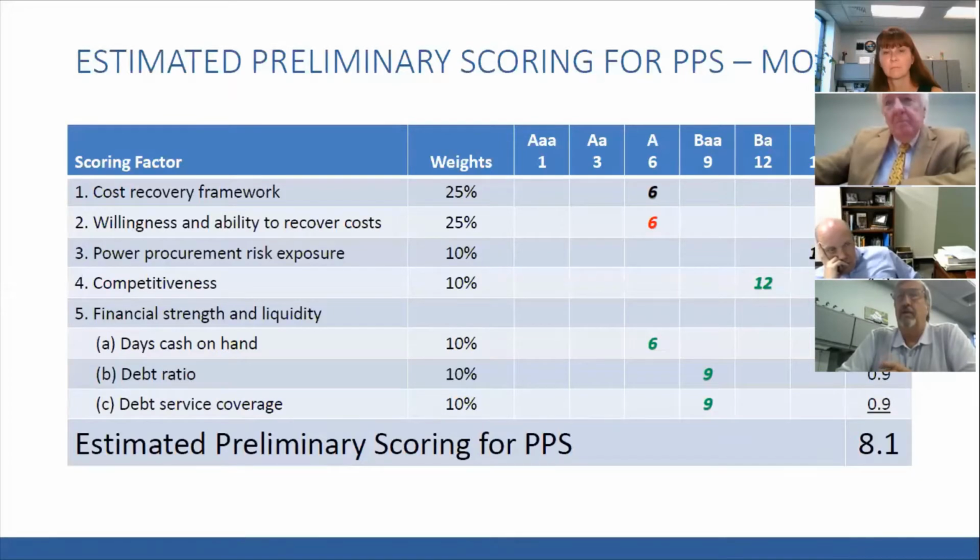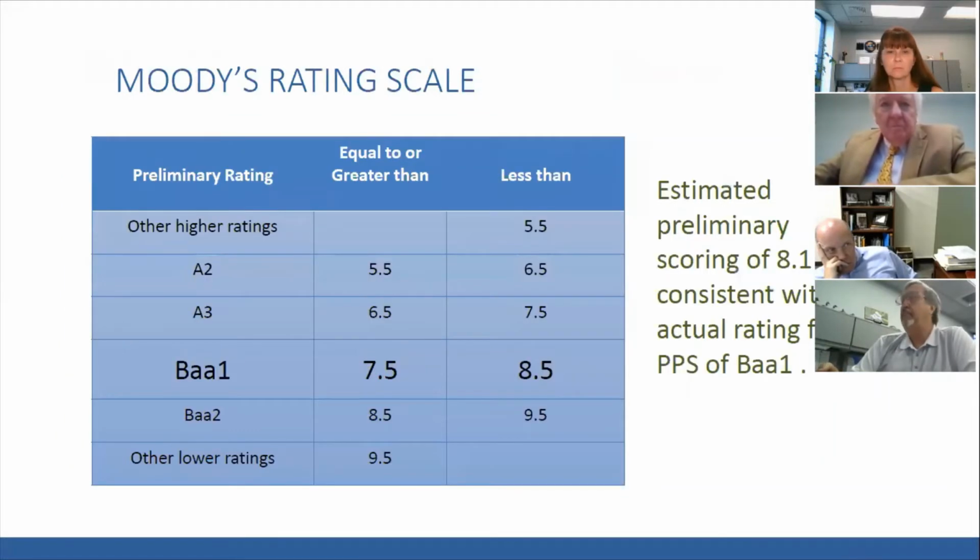The other green ones, though, are measures that may be impacted by the rate study. So anyway, you do this math here and you come up with an 8.1. Go to the next slide, you can see that 8.1 is firmly in the range of Baa1, which is the current rating from Moody's for PPS.